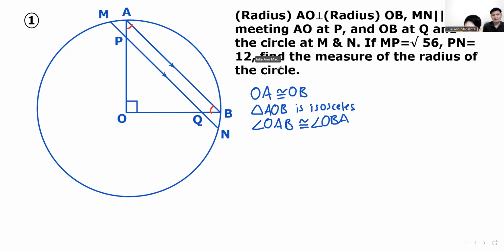Since MN is parallel to AB as shown in the figure, use alternate interior angles.